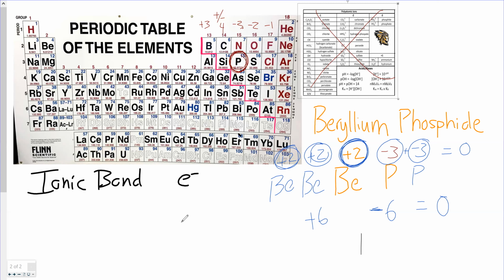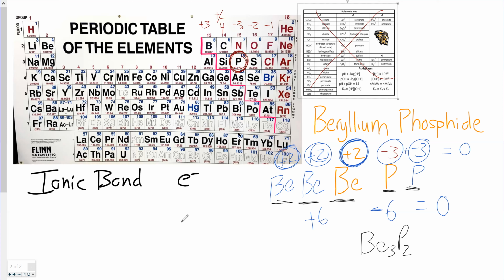We know we had a BE and we had a P, but we've realized we needed 1, 2, 3 BEs. So that's BE 3. And we needed 1, 2 P's. So that's P2. So your formula is BE3 P2.